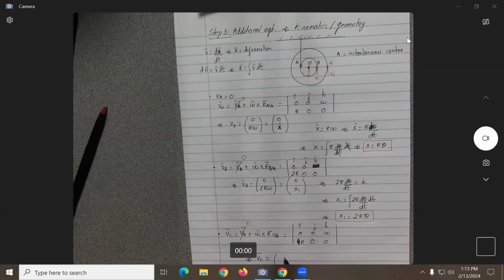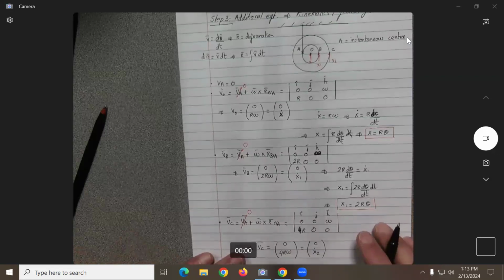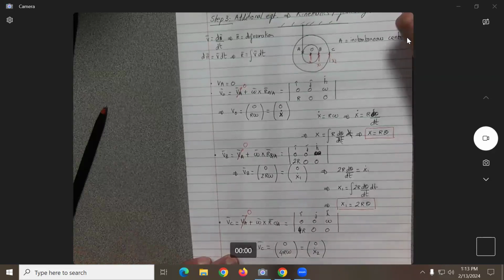VC equal to 0, 0, 4R omega, and this should be equal to what? 0, 0, x dot 2, no? Sorry for mixing the notation. Maybe I should have called it 2C, okay? But once you understand, the notation is not a problem.